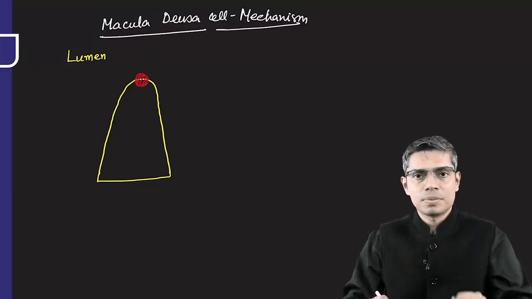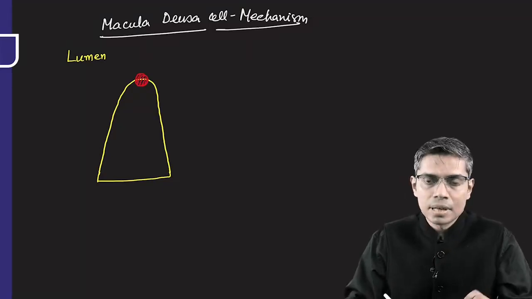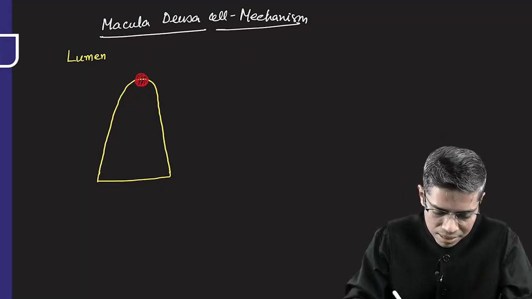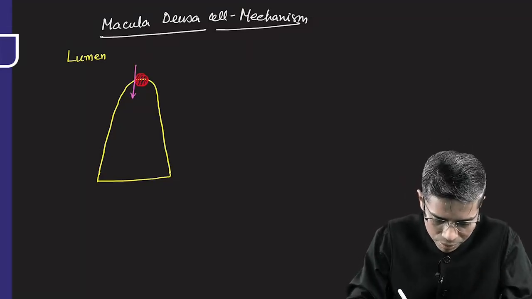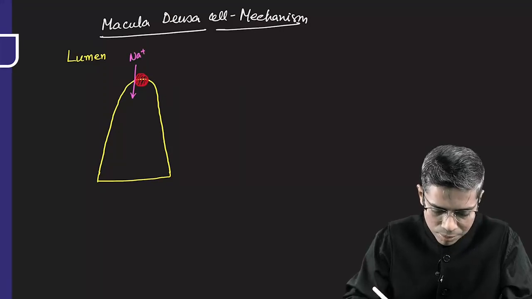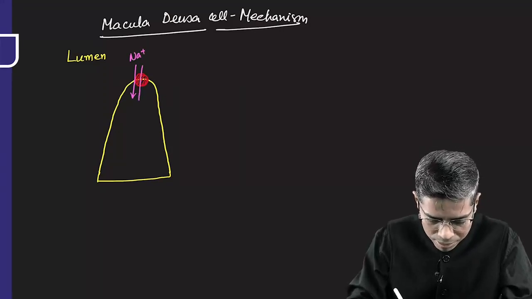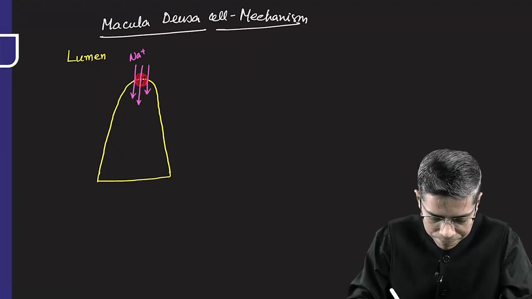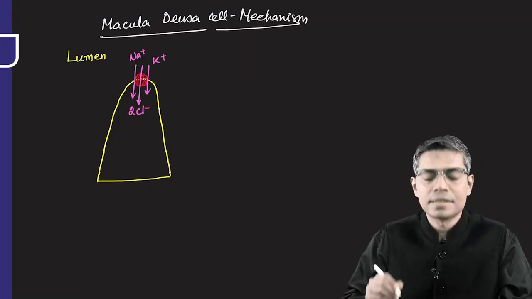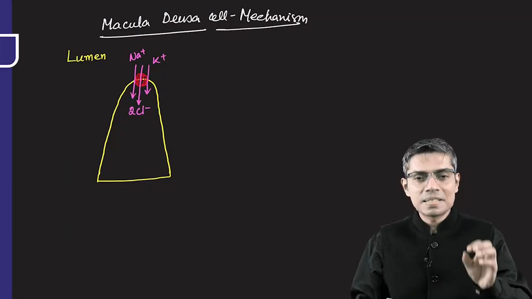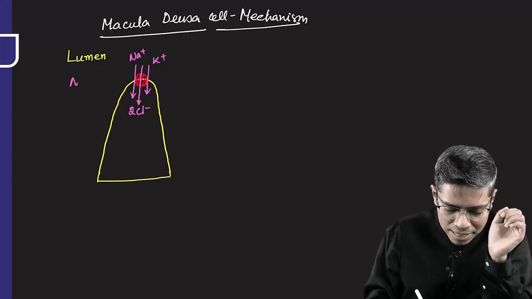transporter, and this transporter is dedicated for absorption of 3 different electrolytes: 1 molecule of sodium, 1 molecule of potassium, and 2 molecules of chloride. What is this transporter? This is the famous transporter known as NKCC, the sodium potassium 2 chloride transporter.